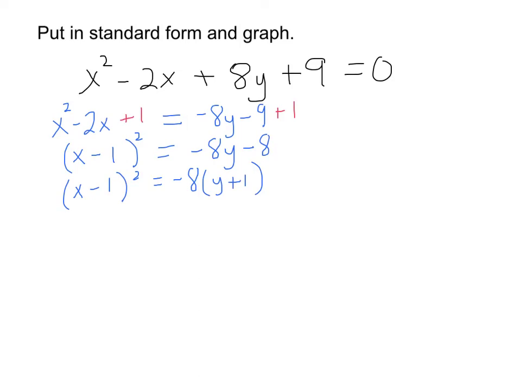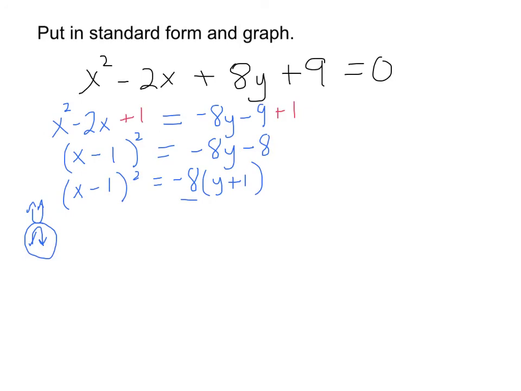The x is squared. So this is going to be a parabola that goes either up or down, right, because of the x. And then I look here at this number. This number is negative, so I know that my parabola is going to go down. So the two things we need to graph, we need to know where the vertex is, and then we need to know p.